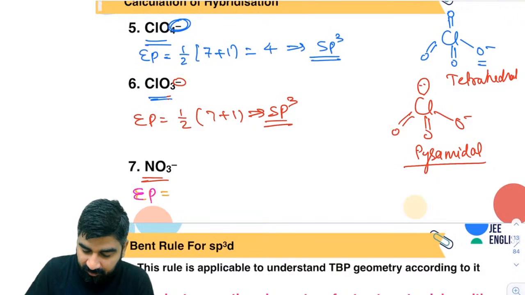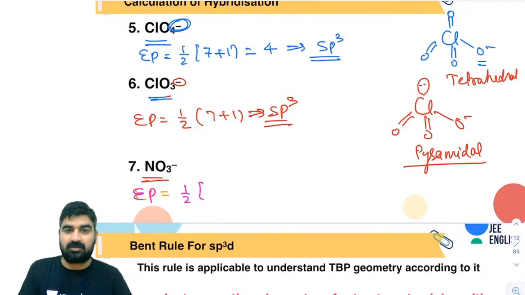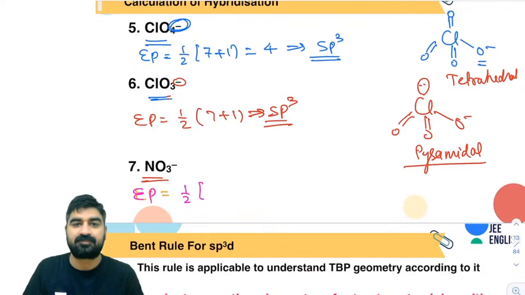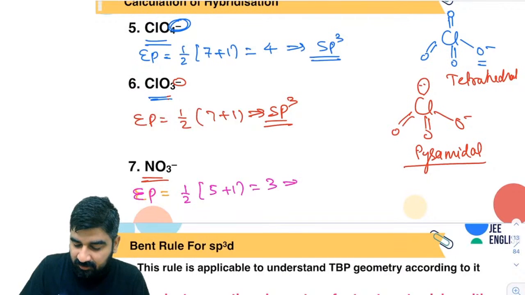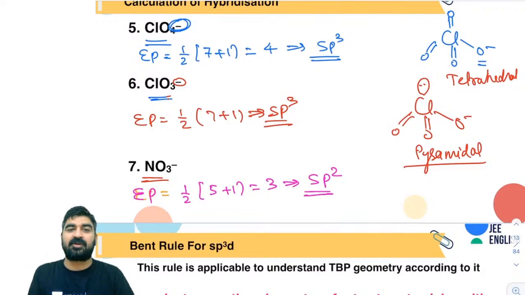Electron pair will be half. Then we have 5 valence electrons plus 1. It will be 3, and it will be sp2.